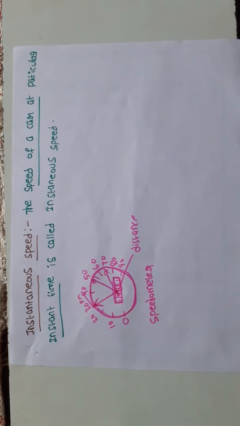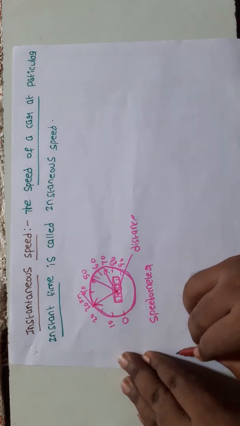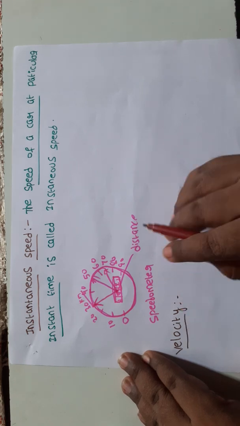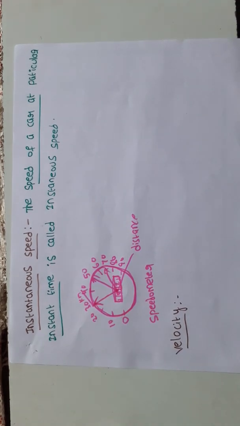Up to now we have discussed speed, average speed, and instantaneous speed. But in all three cases, the main drawback is that they have no direction. To solve this problem, we introduce one more physical quantity, that is velocity. Next physical quantity is velocity.